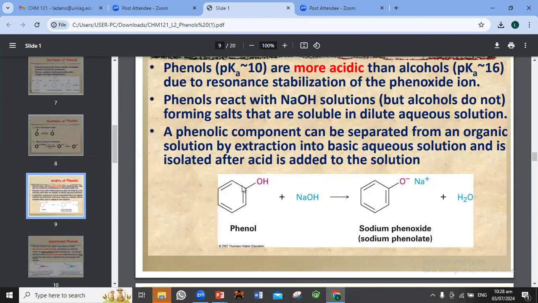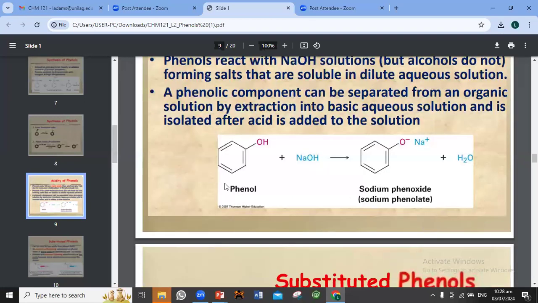The implication of this is that if you have an electron withdrawing group pulling electrons away from the oxygen, because the group here is pulling electrons towards itself, it is going to make this oxygen want to remove electrons that it is sharing with the hydrogen, and therefore it will push it out as H+. That will increase acidity.